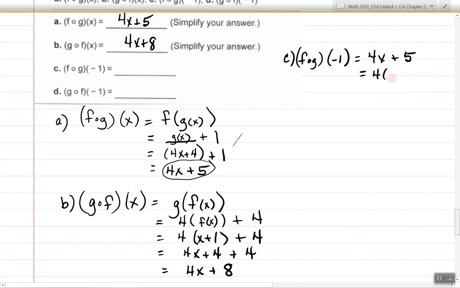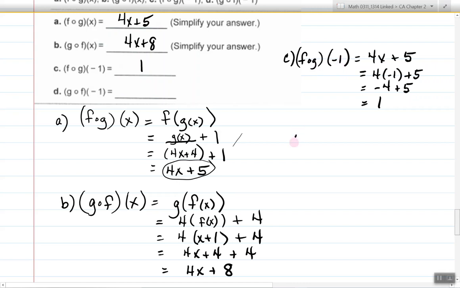It's 4 times -1 plus 5. It's -4 plus 5, which is 1. Because I already had the f of g function, all I had to do was plug in -1.